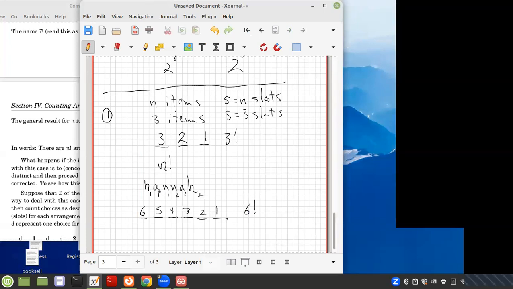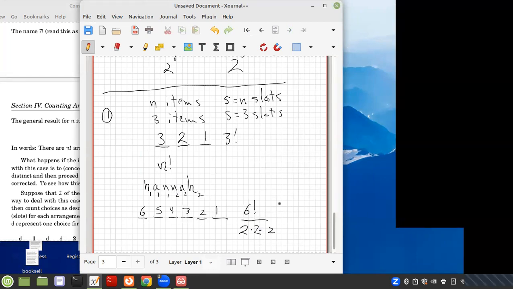But in each sequence of these things, I've used, say, both n's. So for every sequence, I'm going to have an n1 in one slot and an n2 in some other slot, and I'm also going to have n2 and n1. So I'm going to have the number of sequences like that times 2, because I'll have 2 copies of it. So what I need to do is divide this out by 2 for the n's, but also 2 for the a's and 2 for the h's.